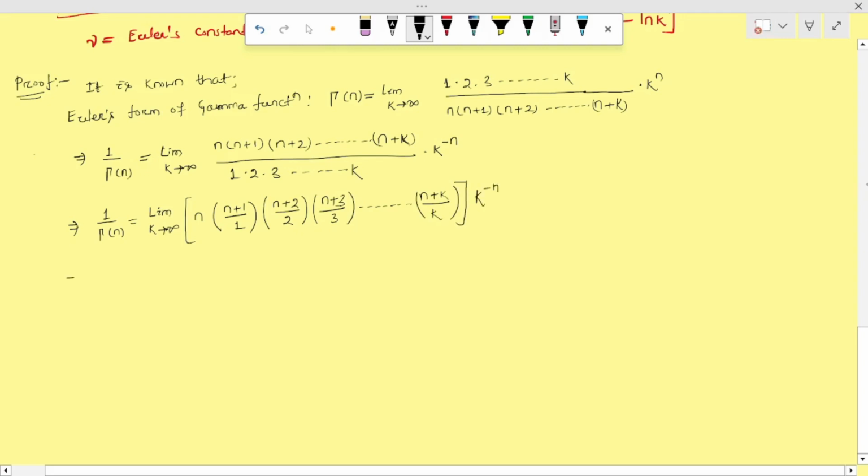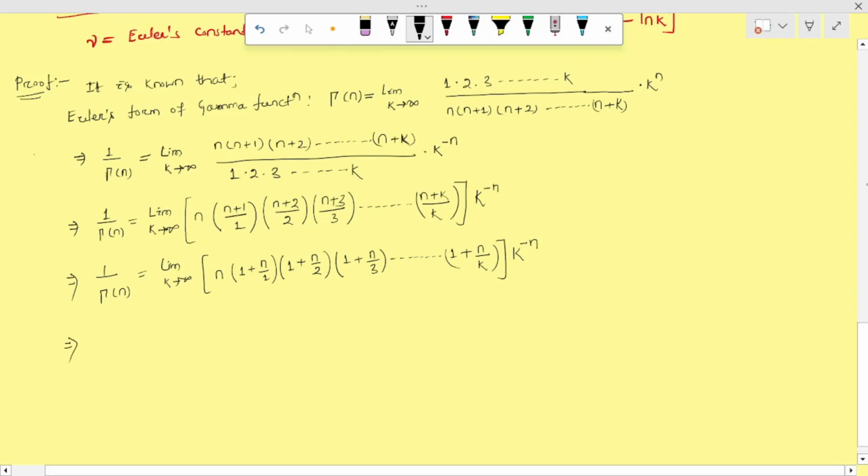Again I am going to modify this somewhat. Here n plus 1 by 1 can be written as 1 plus n by 1, and for n plus 2 by 2, dividing by 2, it will be 1 plus n by 2, into 1 plus n by 3, then up to 1 plus n by k, whole into k to the power minus n.